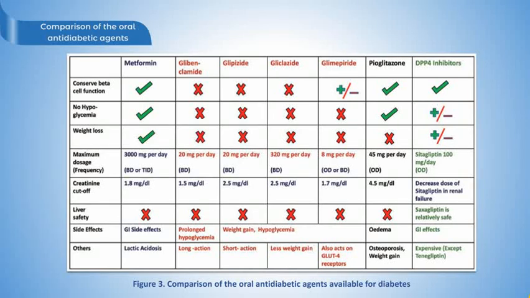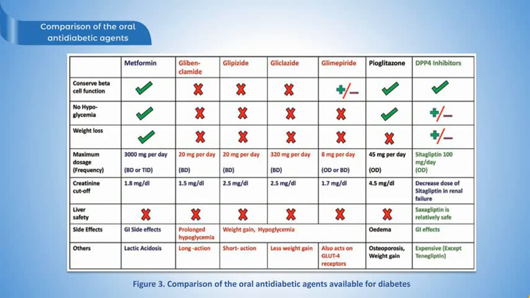And the creatinine cutoff was 1.8 mg per deciliter, and the liver safety is not safe and it has a side effect which is gastrointestinal side effects, and the other side effect which is lactic acidosis. And now we can go to the next one.